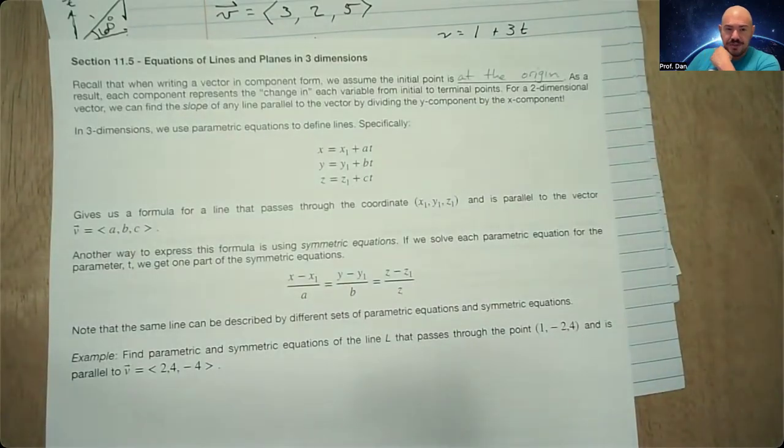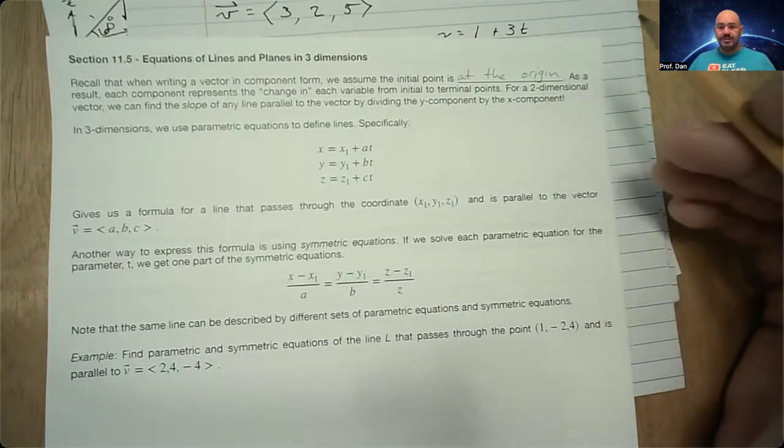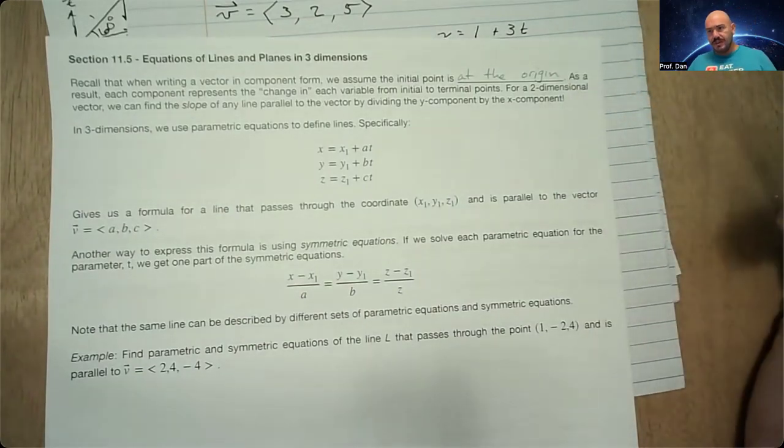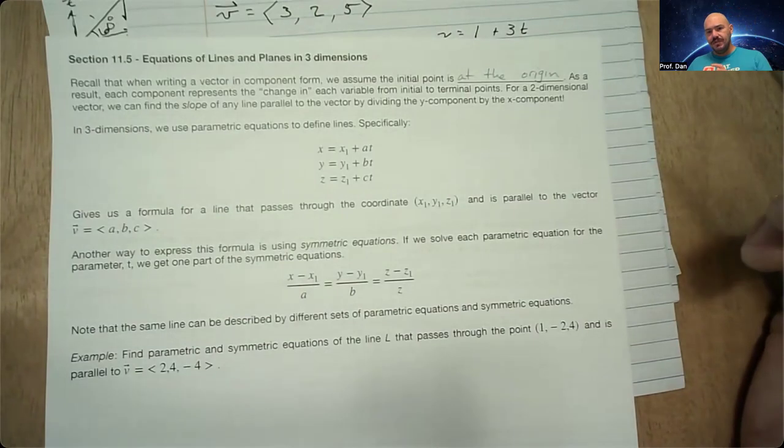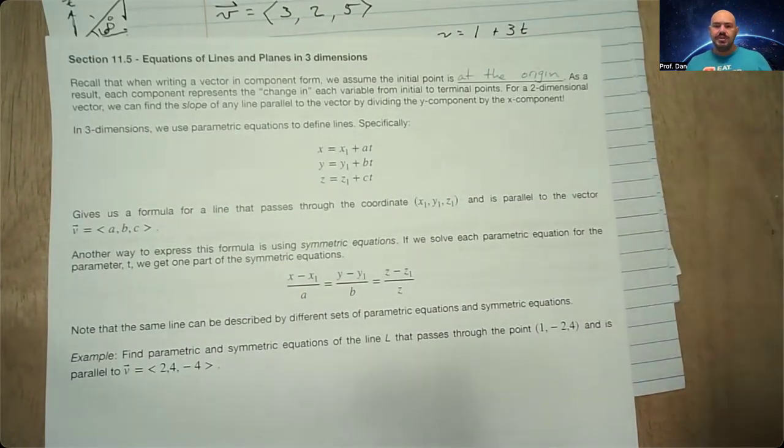As a result, we can think of each component of that vector as being the change in that variable. So in a two-dimensional vector, the x component would be your change in x, and the y component would be your change in y.